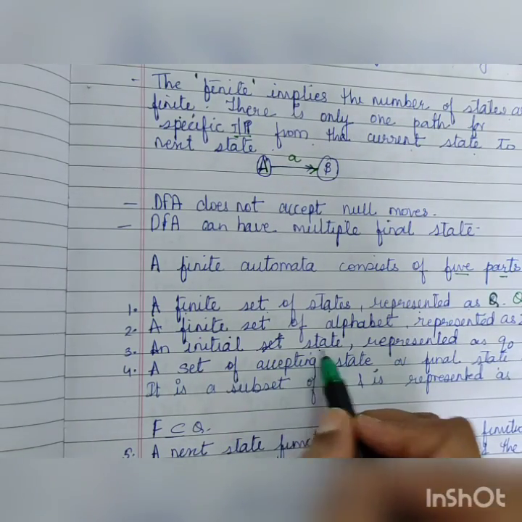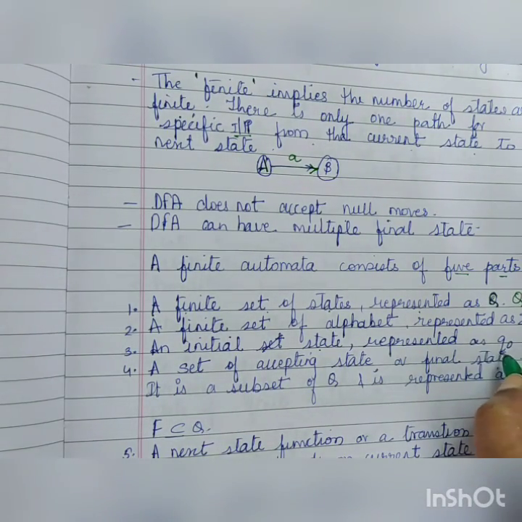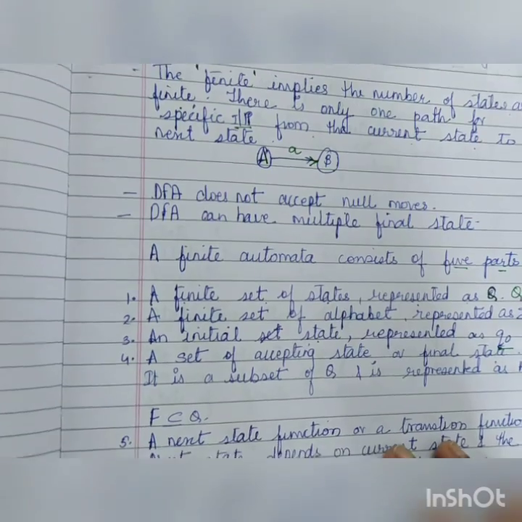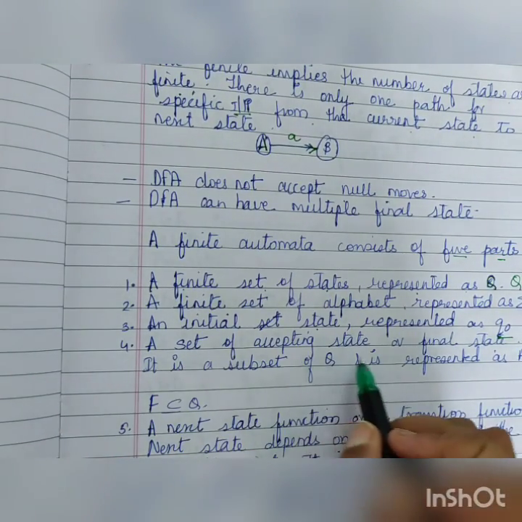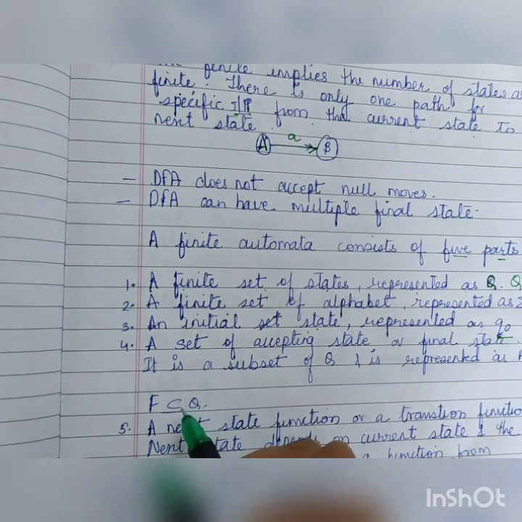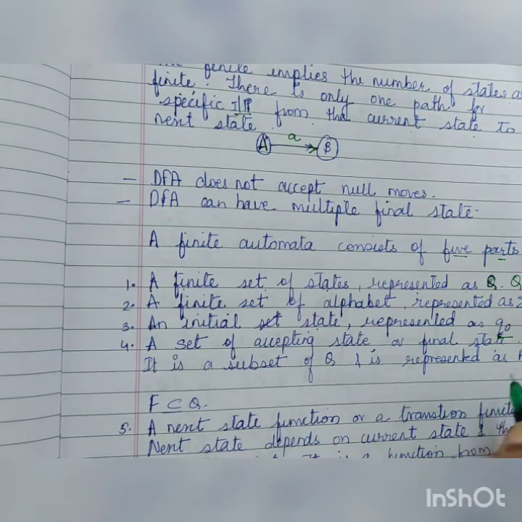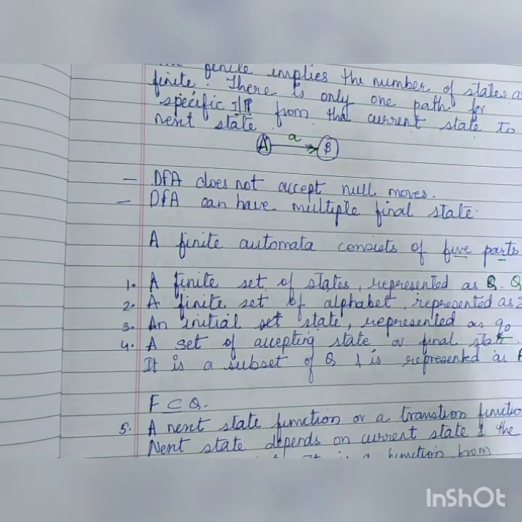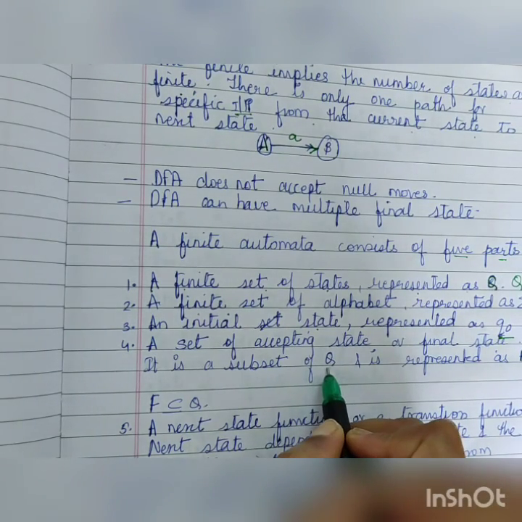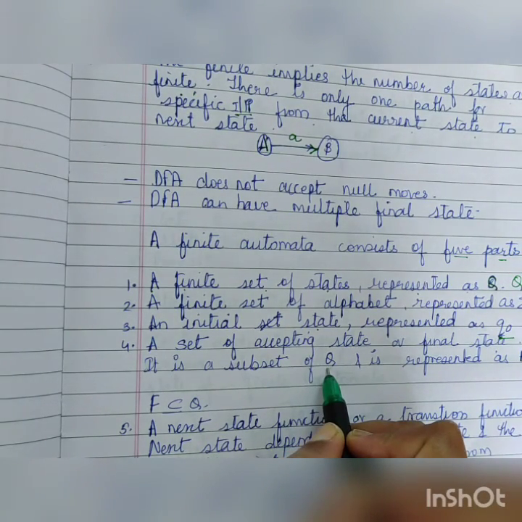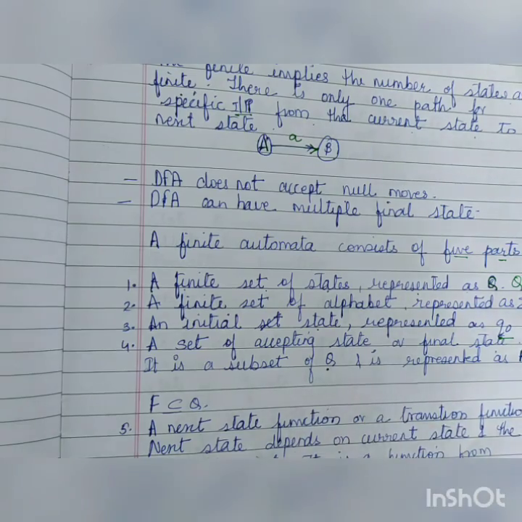The initial state is represented by Q0, and the set of accepting states or final states is represented by F, and F is a subset of the finite set of states Q.